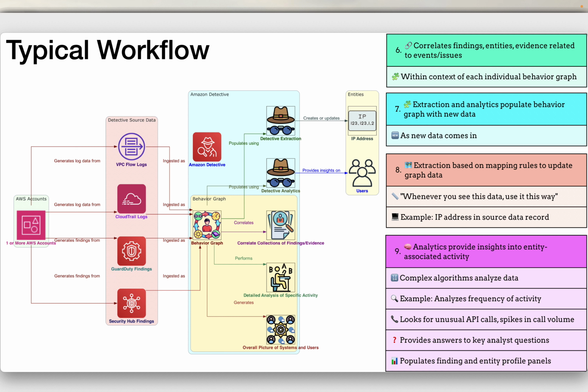For entities that make API calls, the algorithm looks for API calls that the entity does not normally use. The algorithm also looks for a large spike in the number of API calls. Analytic insight supports investigation by providing answers to key analyst questions and is frequently used to populate finding and entity profile panels.